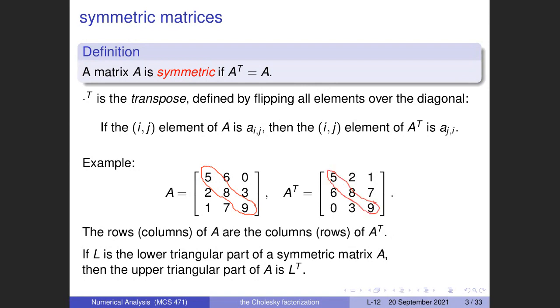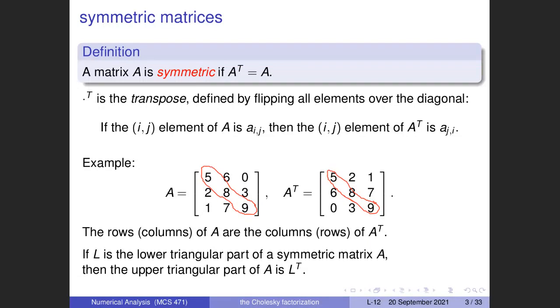That doesn't change. But then you see that the element 1 here on the third row, first column, becomes now in the third column, first row. So the 1 gets flipped across the diagonal. So that's the transpose. You could also say that the rows become the columns and the columns become the rows.